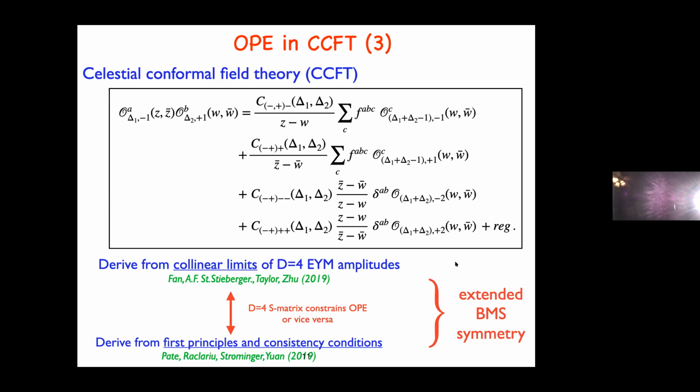So this extended BMS symmetry, we'll see what I mean by extended, seems to be very, very important because in standard CFTs, you can tell exactly what are the dimensions of the operators in the operator product expansion and what are the singularities you expect, but you cannot fix these structure constants. These are theory specific. They depend on each specific CFT you're considering. Here it seems like the symmetries of the theory might be able to fix this completely.